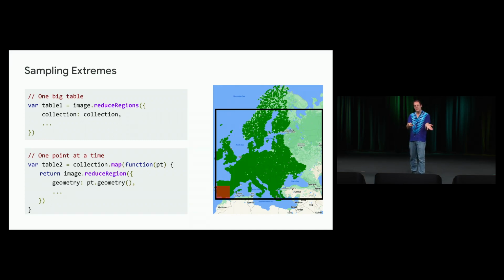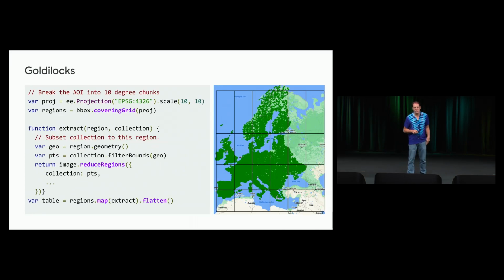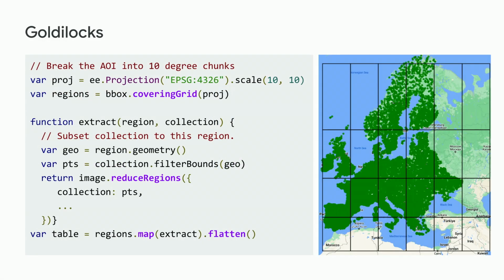The cool thing that I discovered as I was helping this researcher do this process is that there's a nice Goldilocks example, right in the middle. What you can do is take your region and cut it up into smaller regions. For each of those regions, you run a table all at once, mapping over each region, doing a reduce regions to all the points in that region, and then put them all together at the end and flatten that out.